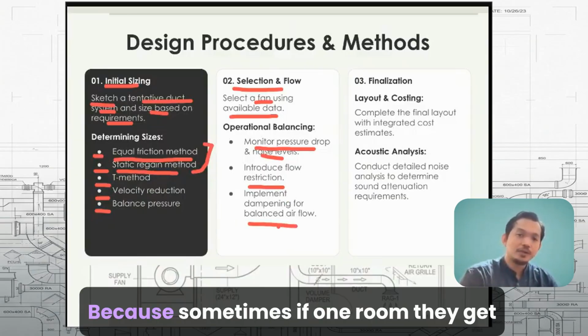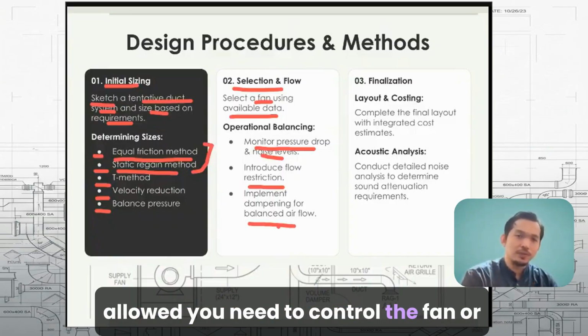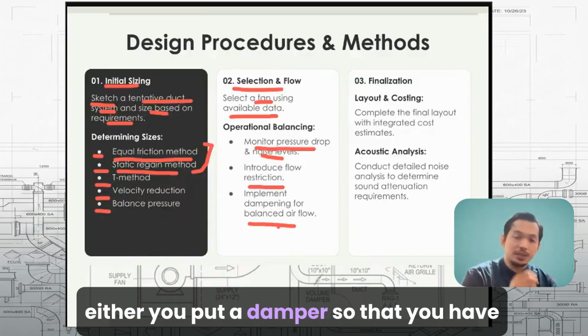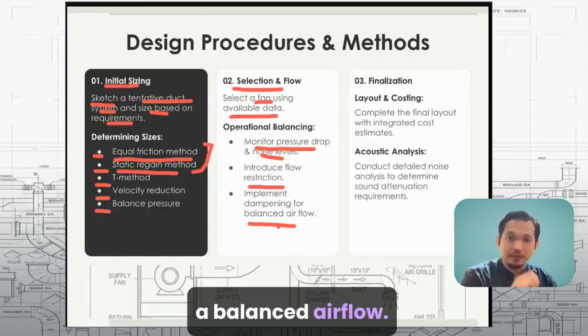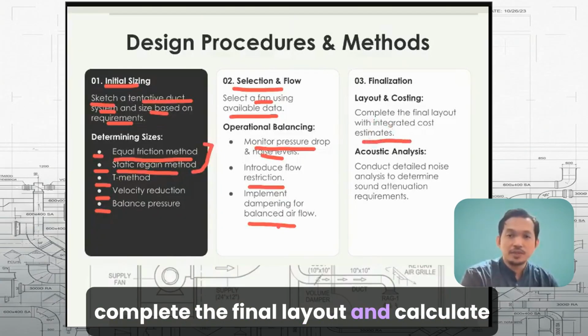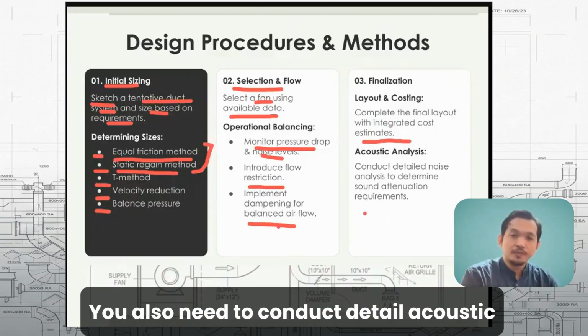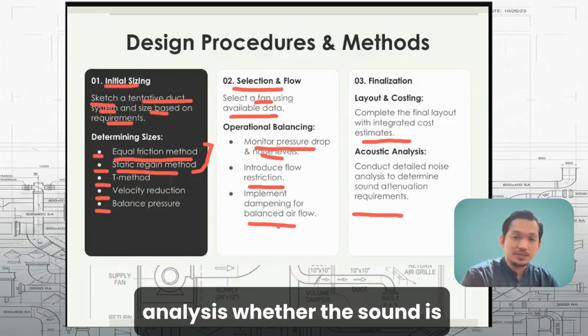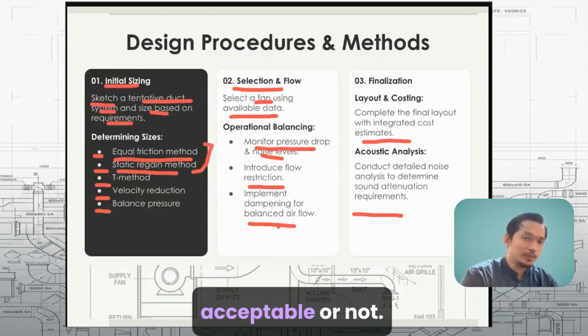Right? Because sometimes if one room cancels out, you need to control the fan, or you put in a damper so that you have a balanced airflow. And finally, once everything is done, you complete the final layout and calculate the cost. You also need to conduct a detailed acoustic analysis, whether the sound is acceptable or not.